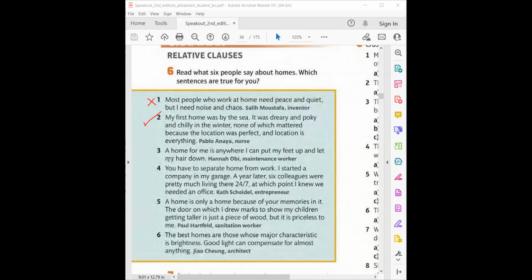So next one, I can read it. A home for me is anywhere I can put my feet up and let my hair down. Not really. No, actually, I strongly disagree. Me too. What is even that? I can't sleep in any other place except my bed. It's hard.